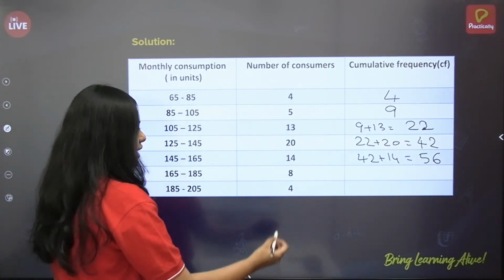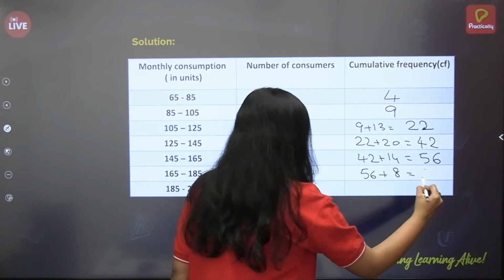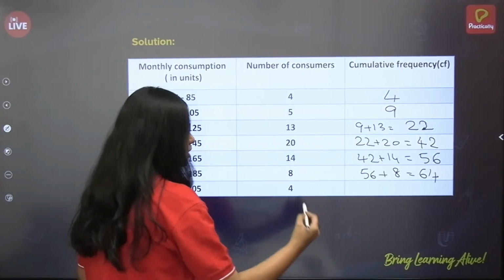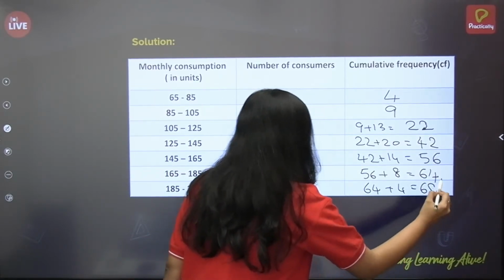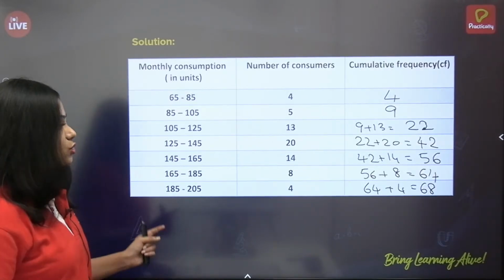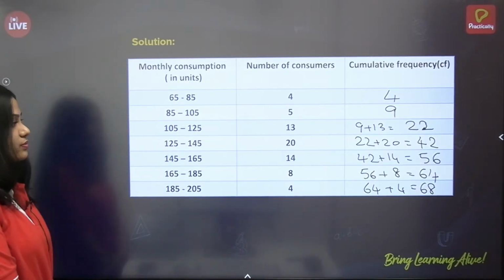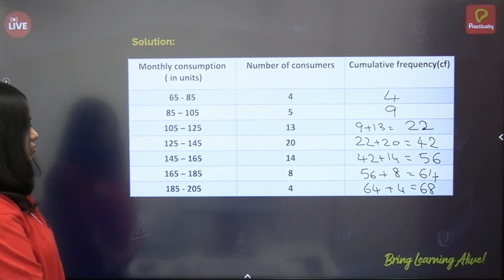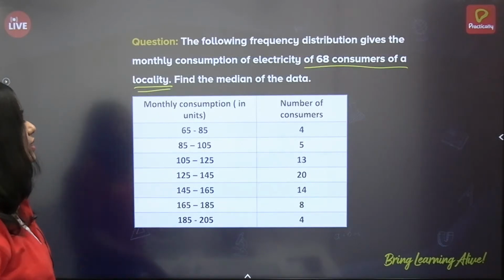Right? Next, 56 plus 8, 64. 64 plus 4, 68. So did we get 68? Of course, there are 68 consumers. So our cumulative frequencies are correct.